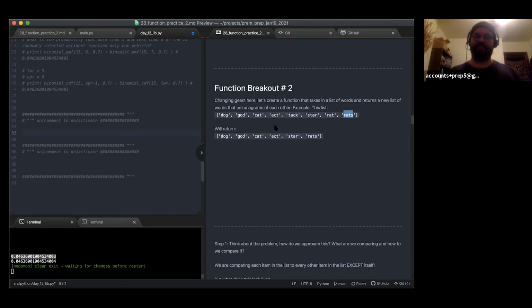This will return dog and god because they are anagrams of each other. Cat and act are anagrams of each other. Star and rats are anagrams as well. Notice rat is not in there, even though rat has all the letters that are in rats, it's missing the S.